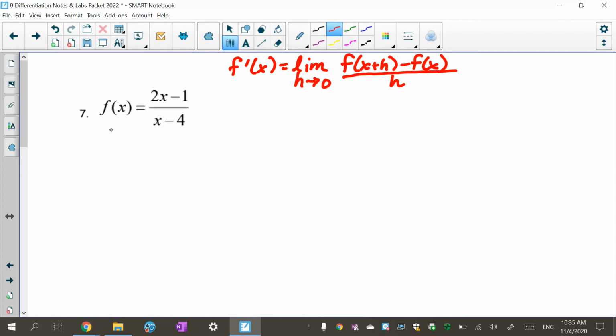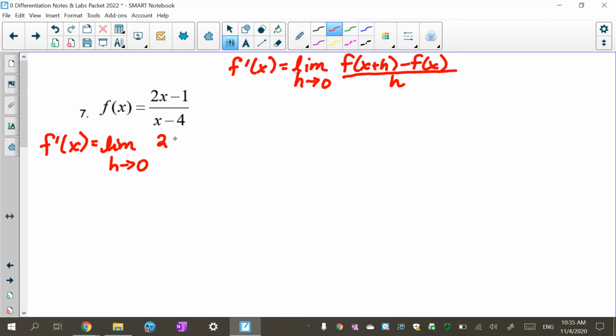So I'm going to take this f of x here and I'm going to do the derivative definition to find it. So I'm going to do f prime of x is the limit as h approaches 0. And I'm going to use this function and I'm going to plug x plus h in every single spot.